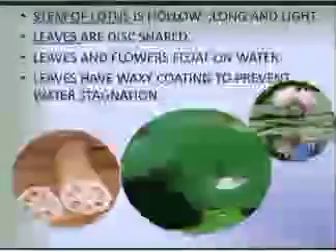The leaves are disc-shaped. Leaves and flowers float on water. Leaves have a waxy coating to prevent water stagnation. In some plants, the leaf stalk is filled with air to help floating. Leaf stalk is the petiole.